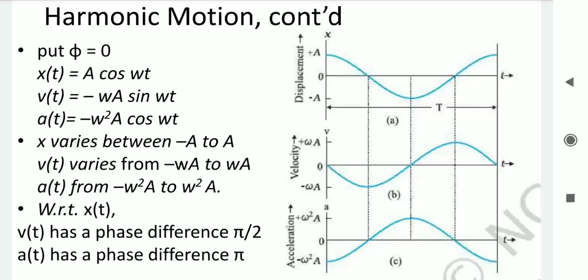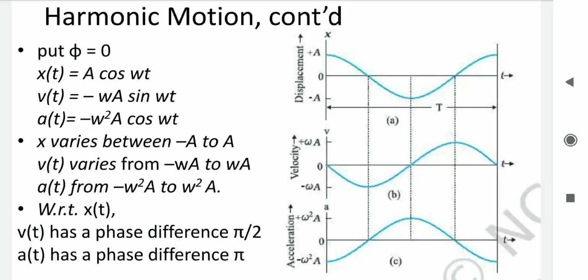Now we can see that displacement is varying between minus a to a, velocity is varying between minus omega a to plus omega a, and acceleration is varying between minus omega square a to omega square a. And with respect to displacement x of t, if we define the phase difference between x of t and v of t, then phase difference is pi by 2, because displacement function is cos function, velocity function is sine function.